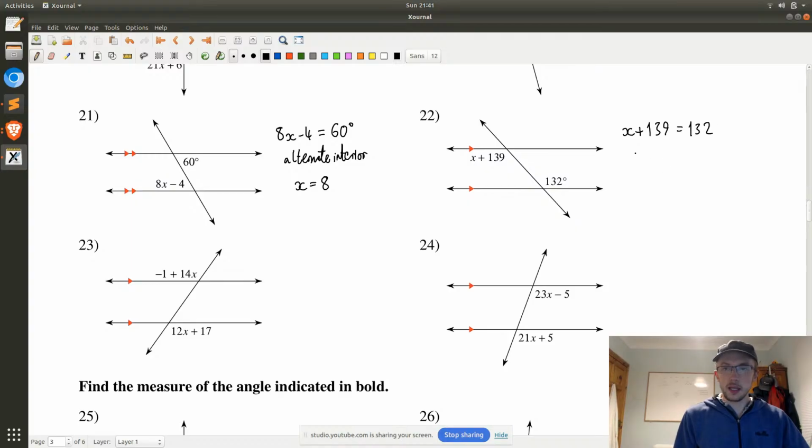Reason being they are alternate interior angles as well, and thus they are congruent, and so x is equal to -7.